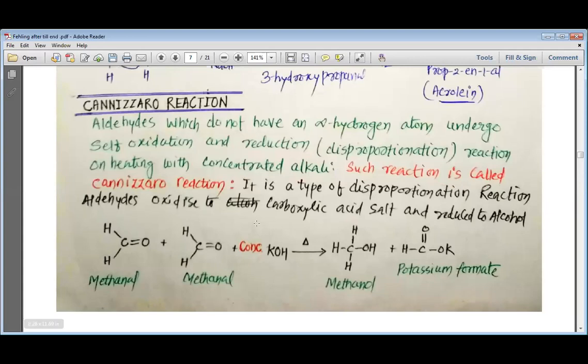Ultimately, when methanal is reduced it gives methanol, and when it is oxidized, in the presence of strong concentrated alkali, we get the sodium or potassium salt, or the metal salt, of the carboxylic acid. So let us study the reaction in detail.